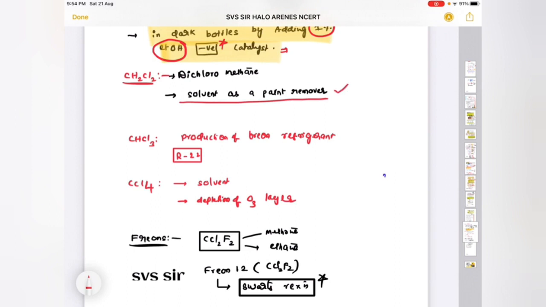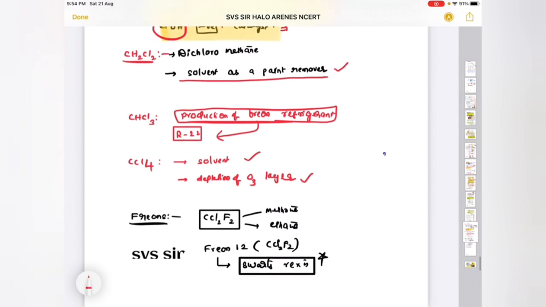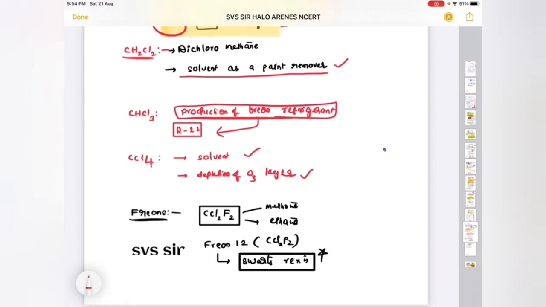Chloroform is used in the production of Freon R22, which acts like a refrigerant. CCl4 is a solvent. It is also responsible for the depletion of the ozone layer. Finally, freons, like dichlorodifluoromethane. Generally, methane or ethane compounds are called freons.